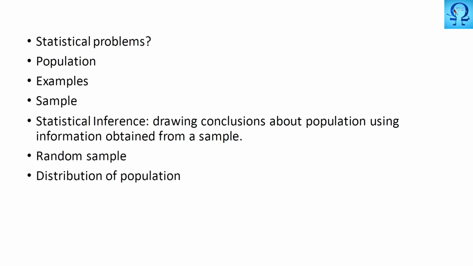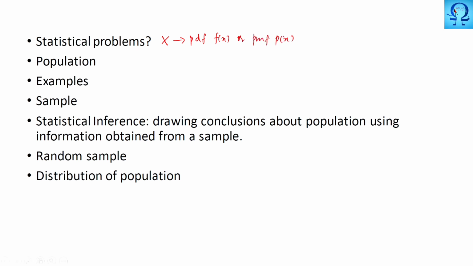Okay. So, as the first bullet says, we need to understand what we mean by a statistical problem. Supposing we have a random variable x, and this random variable has some pdf f of x or mass function p of x.